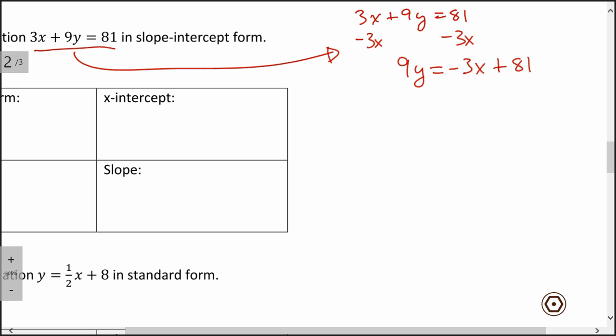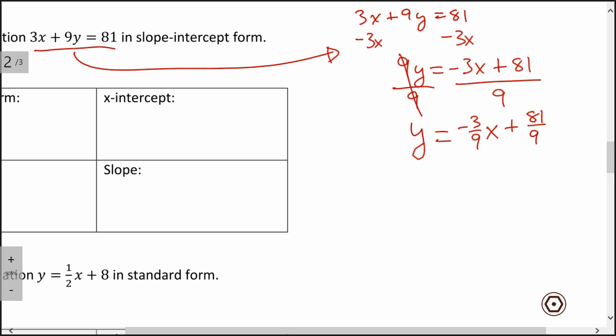And I'm going to divide both sides by 9. On the left-hand side, this gives me simply y. And I'm going to go ahead and divide both of my terms. There's two terms here. I have to divide both of them by 9. One of them is going to become negative 3/9 of x, and the other one is going to become 81/9.